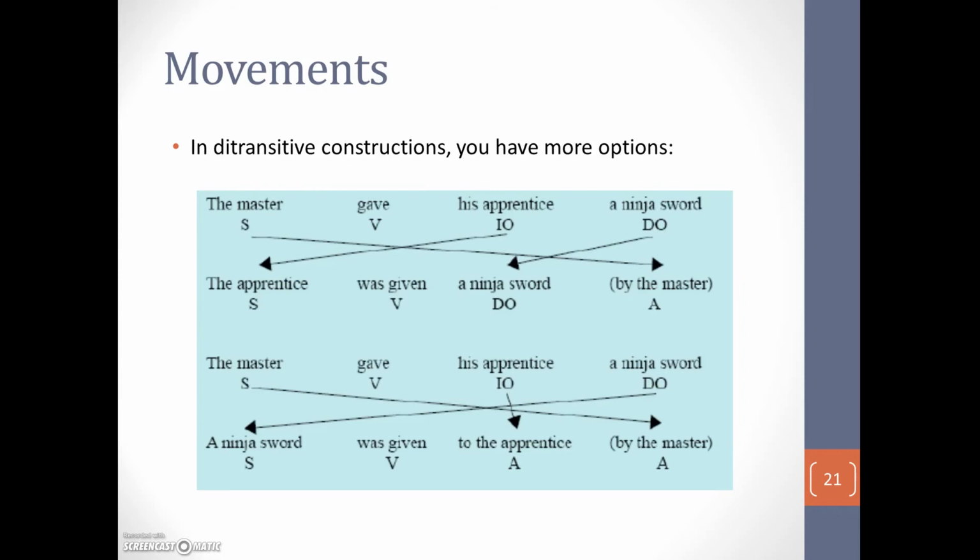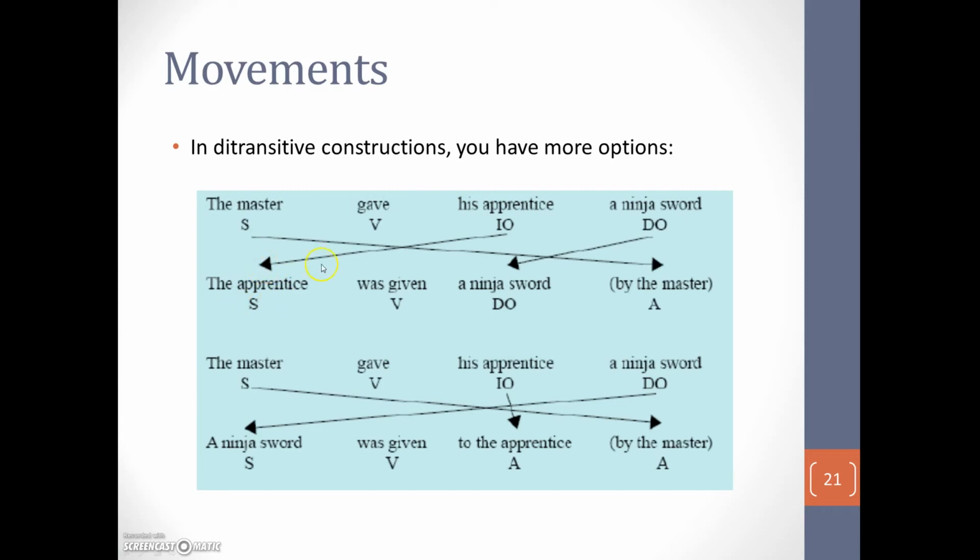So in ditransitive constructions, you have more options. Remember, in ditransitive constructions we have two objects. We have both the indirect object and the direct object. And you can see this at the top. Again, the top sentence is the active voice sentence: the master gave his apprentice a ninja sword. In the first example, we have taken the indirect object, which is his apprentice, as the subject.